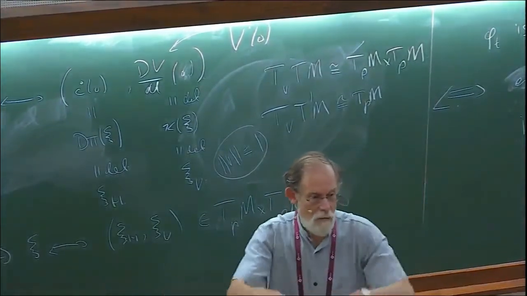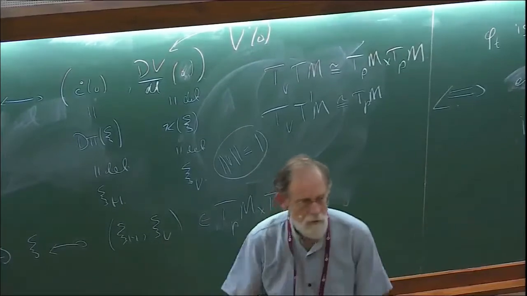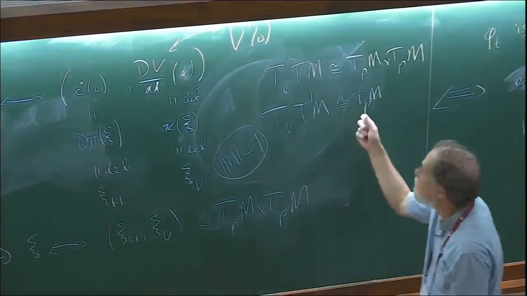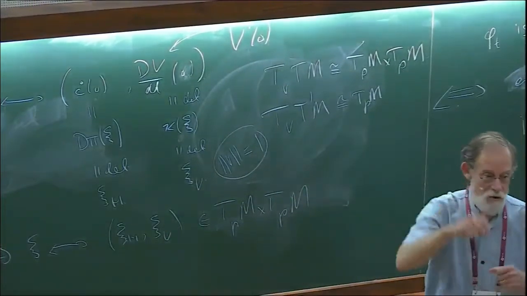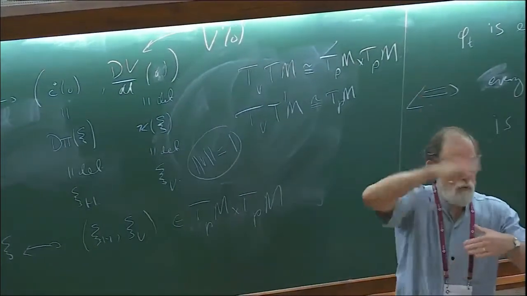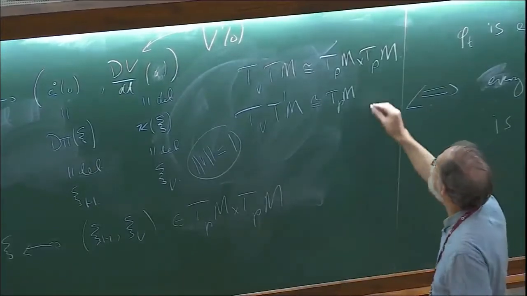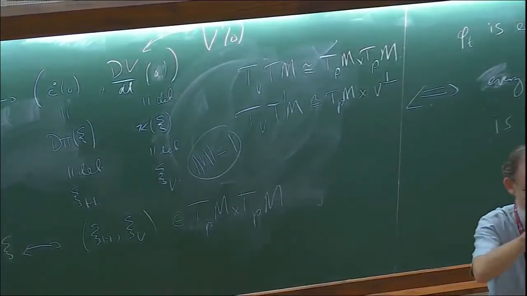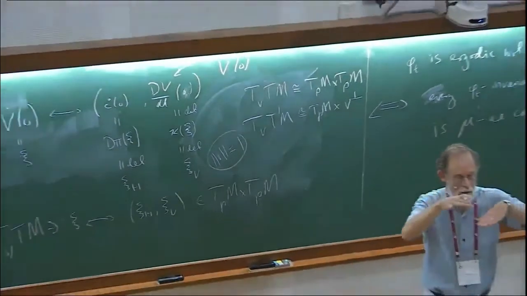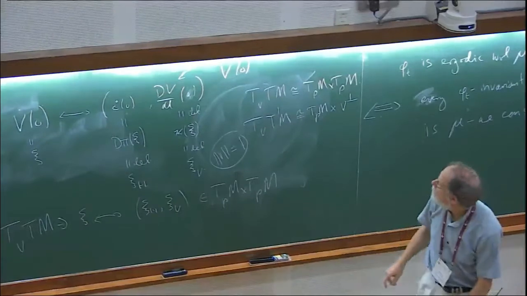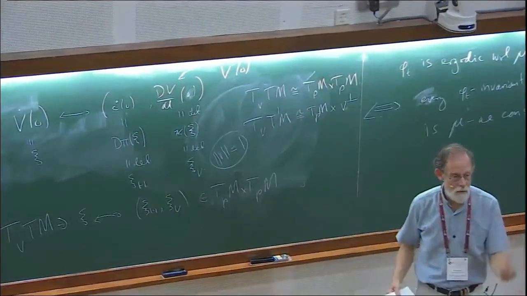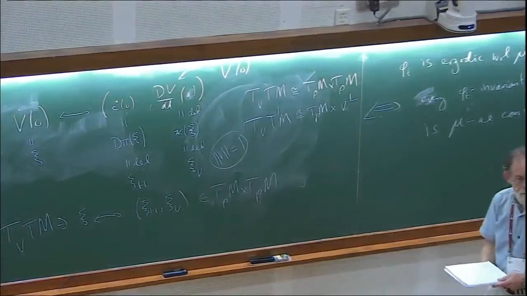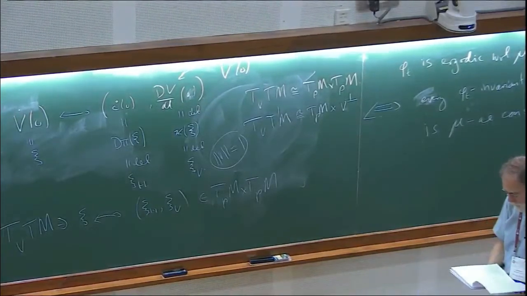So you can do anything you like with the foot point. The second component tells you how the vector changes as you move along. And if I want to stay on the unit tangent bundle, there's a restriction. I can't go outwards. And that restriction means you have to be moved perpendicular to the unit vector, tangent to the unit sphere. So V perp means all vectors perpendicular to V. So you get that. So that's kind of helpful.